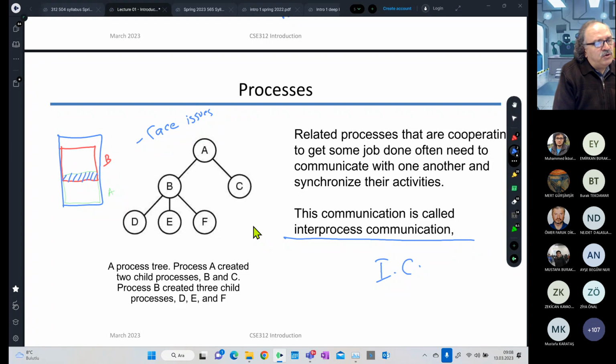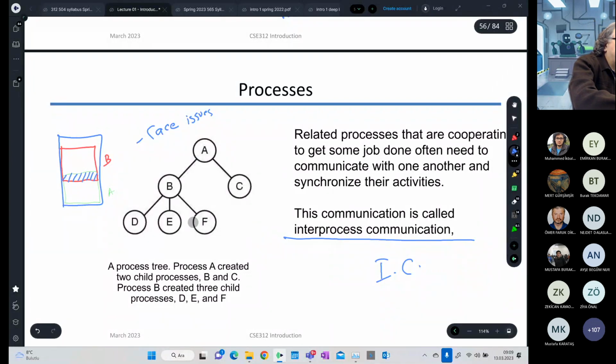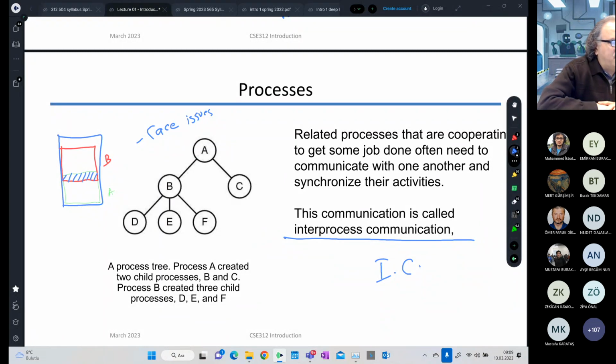But in Unix and Linux, of course, we have a parent-child mechanism, definitely. And if you kill process A in Unix, all of the child processes that belong to process A will die too.